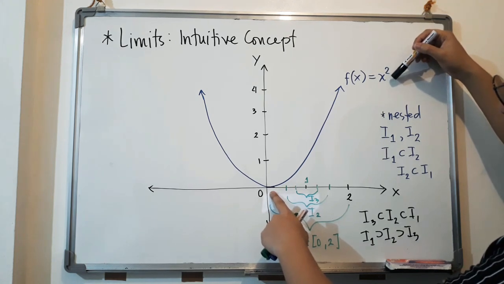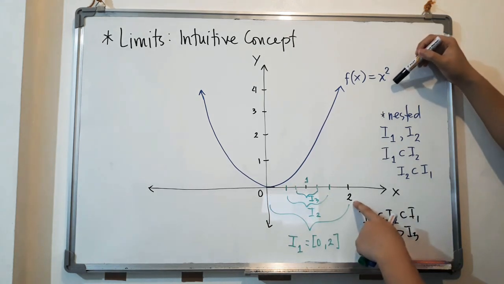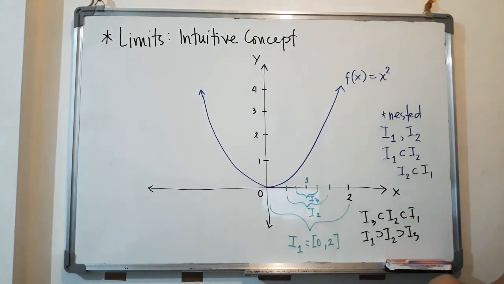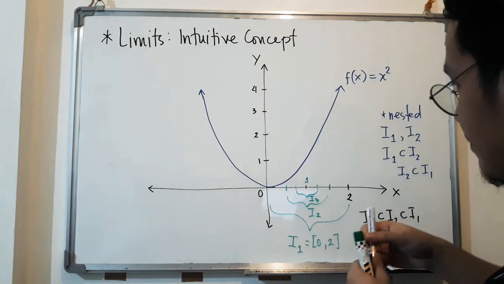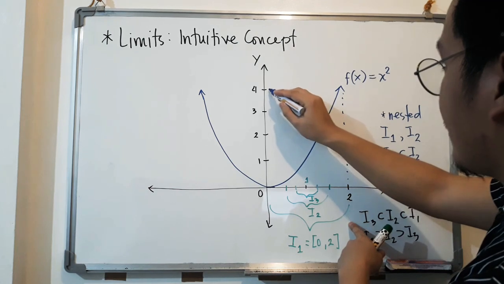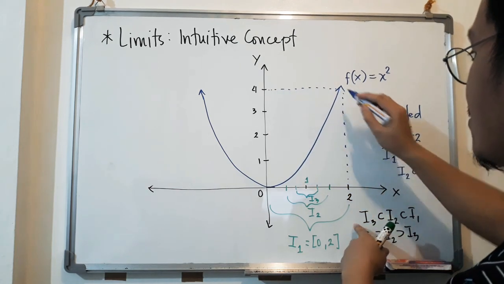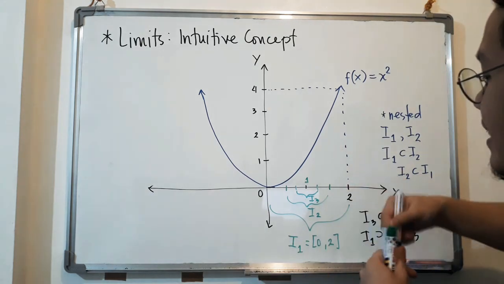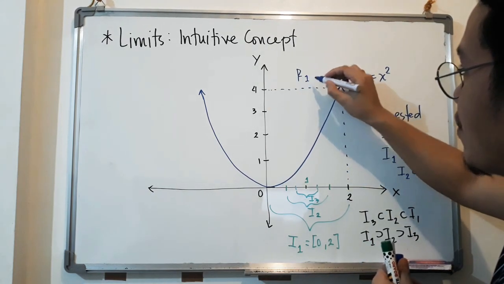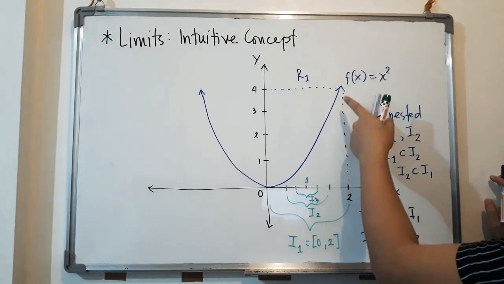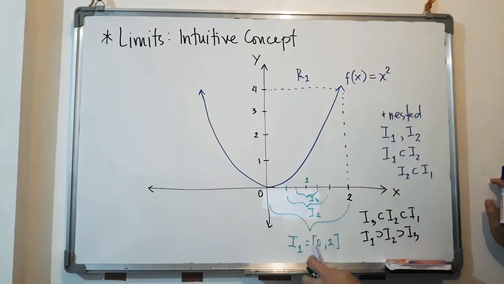If we evaluate the function at point 2, the value is 4. So we can enclose the graph of f with, say, R sub 1, meaning region 1. So this region 1 encloses the graph of the function on this interval I sub 1.